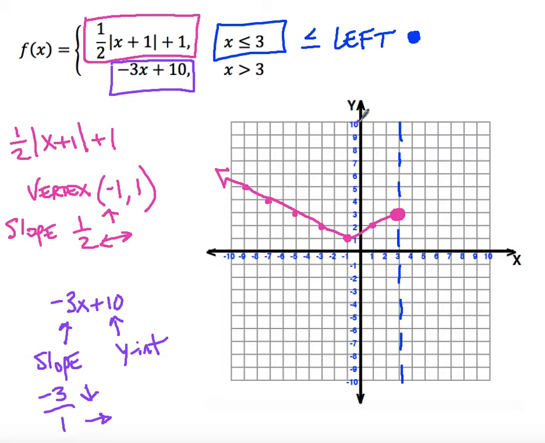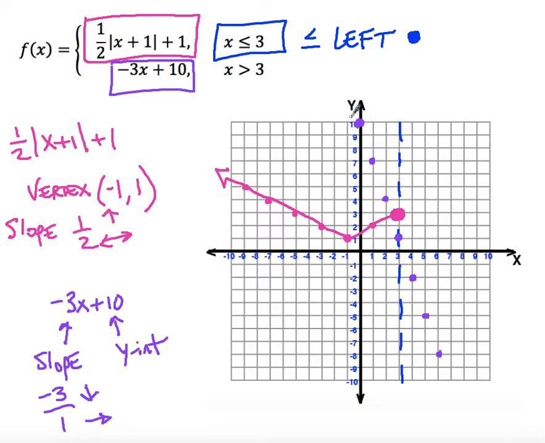So start at my y-intercept of 10 on the y-axis, and then we're going to go down 3, over 1, down 3, over 1, down 3, over 1.